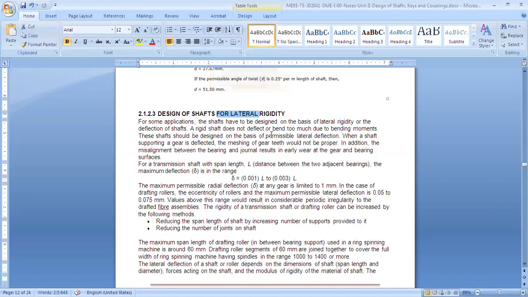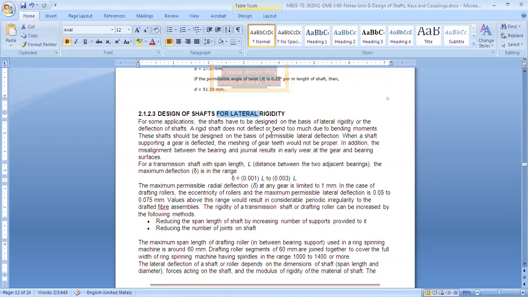If it is a very long shaft, then we say the deflection allowed is this, and for that we will do the design. Now delta is generally 0.001 to 0.003 L, so it is 0.1% to 0.3% of the length. We had a length of 600 mm, so multiplying 600 by 0.001, we get 0.6 mm.